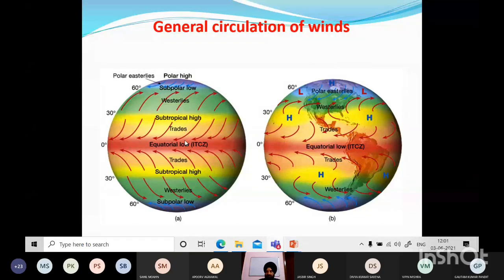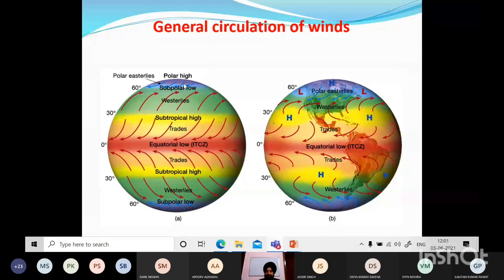Then this yellow portion you see is the variables, 30 to 40 degrees, and then 40 to 60-65 degrees you have a strong westerly zone, where the winds blow in a very strong westerly direction. And of course above this up to 90 you have the polar easterlies where shipping is less. So for the polar easterlies we have less information, but the direction here is easterly, and this is the general circulation you see.